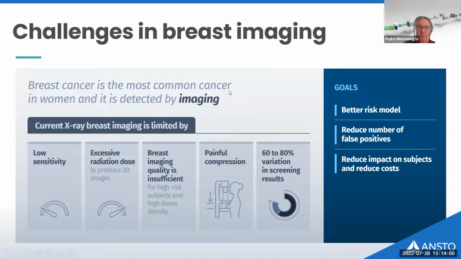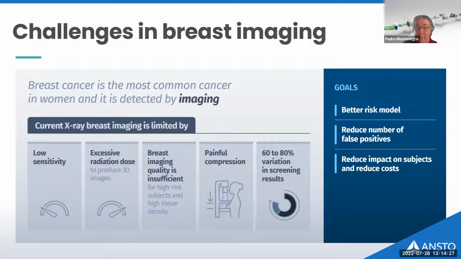But as you know, breast cancer is the most common cancer in women, and it is detected by imaging. And imaging at the moment for breast has its failings and its disadvantages. We know about the low sensitivity in some types of imaging. We know that it can lead to excessive radiation dose to this very radiation sensitive breast tissue.